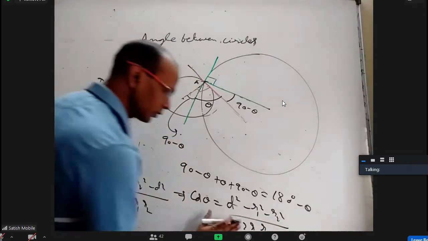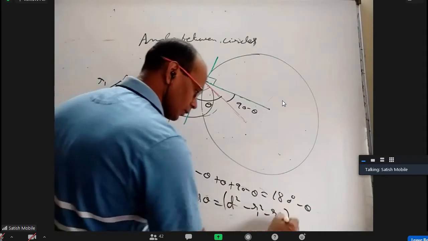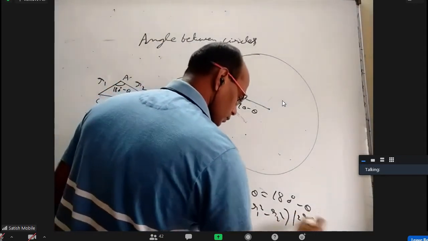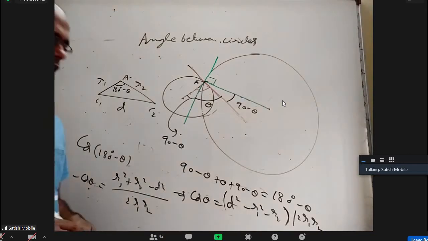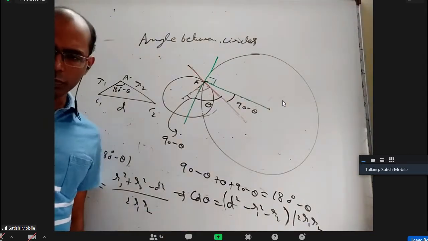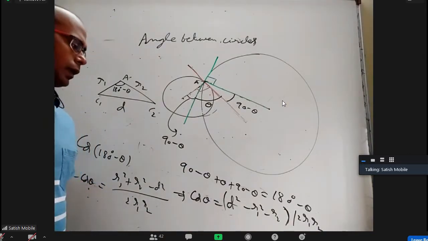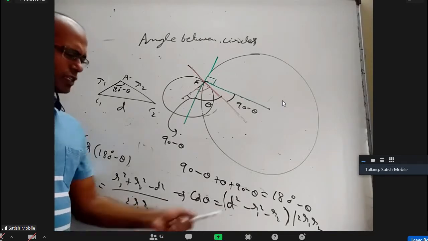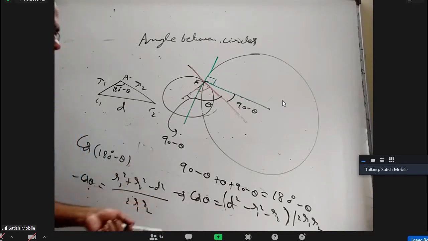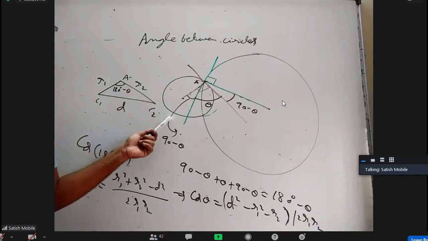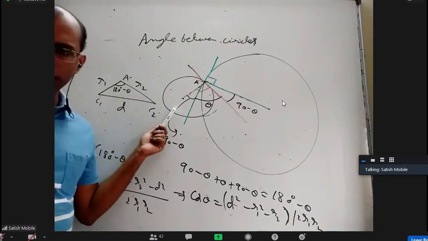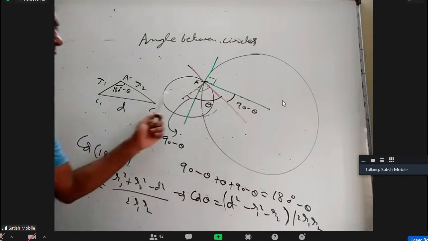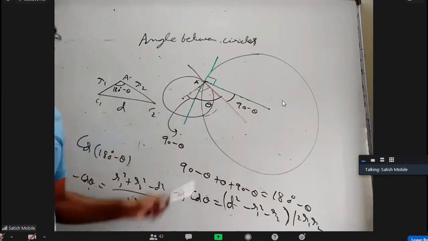So this is the formula for angle between the two circles. Now we use this formula, but if the circle is in the form of x square plus y square plus 2gx plus 2fy plus c, you have to find the center of this, find distance between them as d and r1, r2 and use this formula.